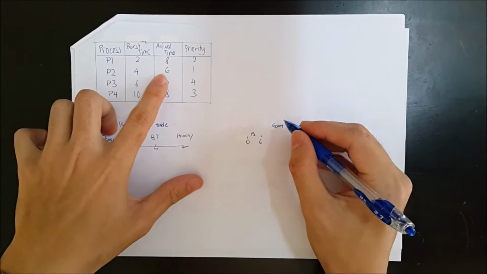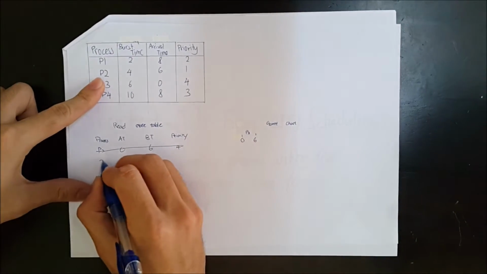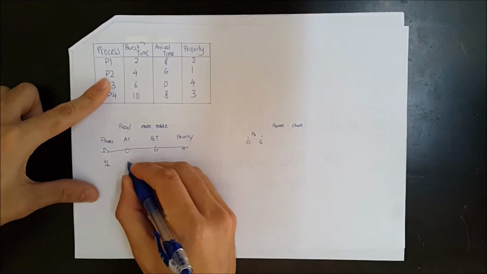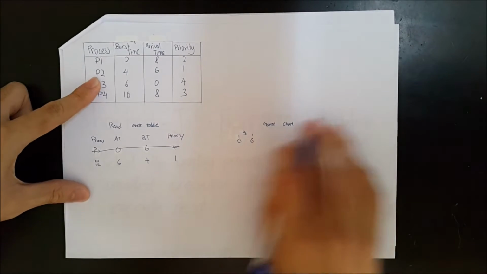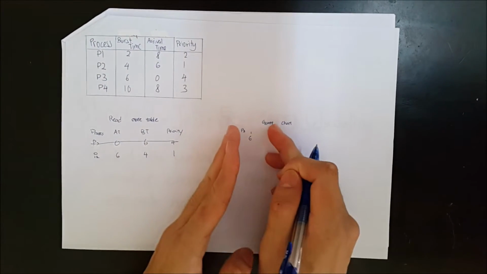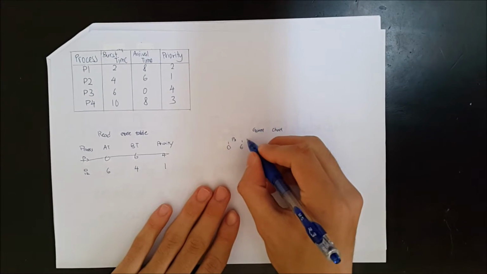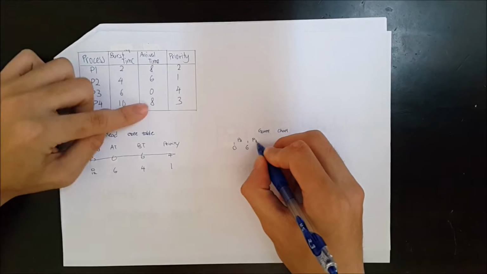The next process arriving at 6 is process 2, with burst time 4 and priority 1. So this process is executed by P2.